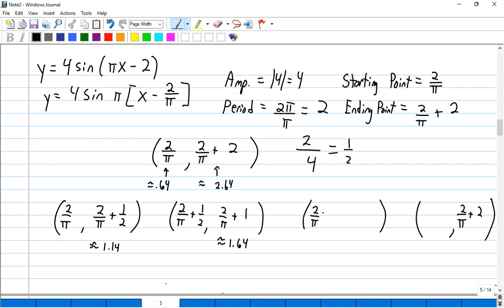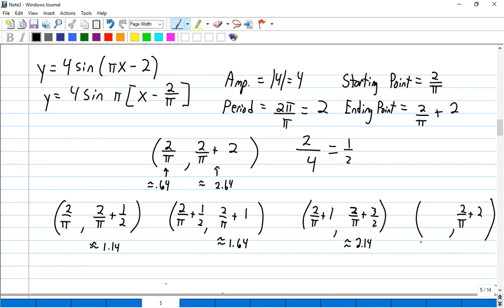Okay, and then I start out with 2 over pi plus 1, add 1/2 to that again, 2 over pi plus 3/2. 1 plus 1/2 is 3/2, right? So what's that going to be about? 2.14.